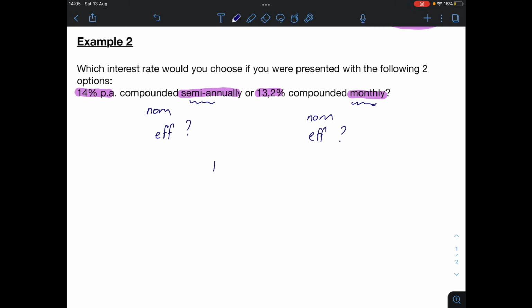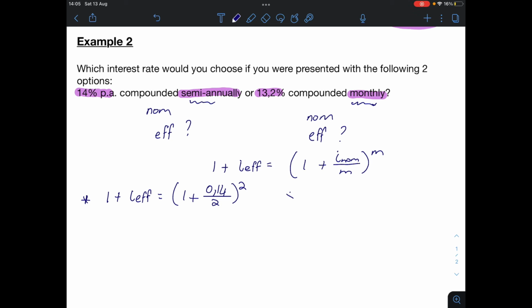So let's start off with my formula. 1 plus interest effective, help me, is equal to... there you go. I knew you'd get it. Okay, so I'm going to do this one first. I want 1 plus interest effective to be equal to 1 plus, what was it? 14, so that's 0.14, and that was compounded semi-annually, so it's twice a year.